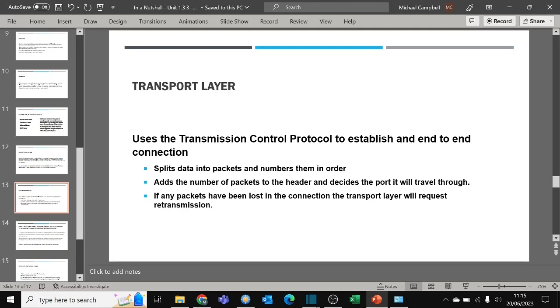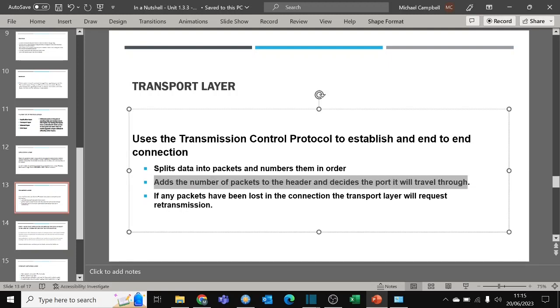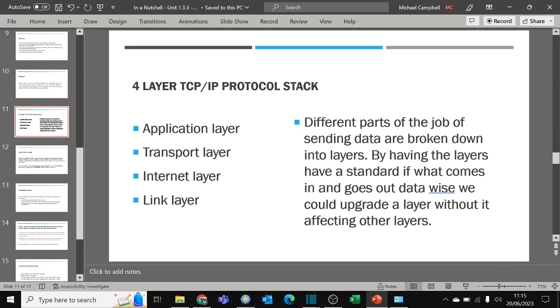If the application is looking at port 80, the data will get sent, and that's what a port does. It tells you what application or service is going to use that thing. If any packets have been lost in the connection, the transport layer requests retransmission. Because it's a stack, it goes down one way and up the other at the other end.